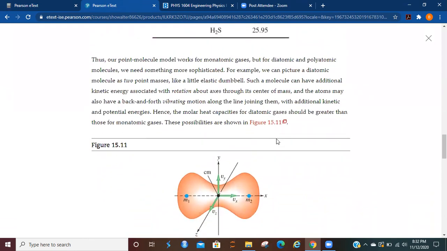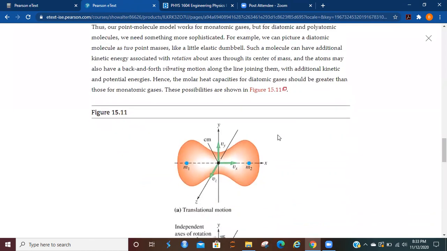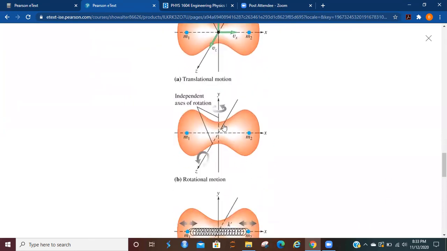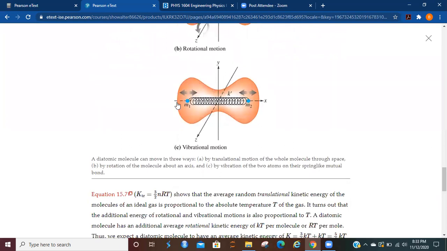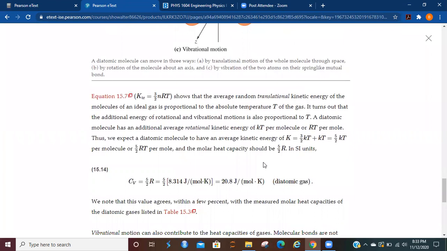So if you start looking at diatomic and polyatomic gases, you've got to make the model a bit more robust. If you take a look at a diatomic molecule, you've got 2 point masses. These things can rotate. If we want to make things even more complicated, we can add in vibrational motion.